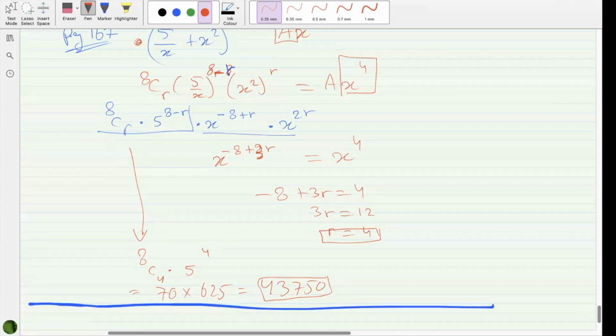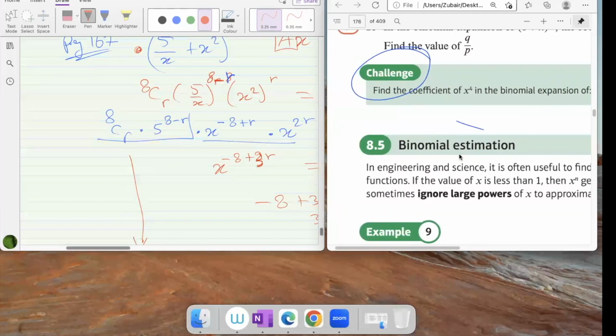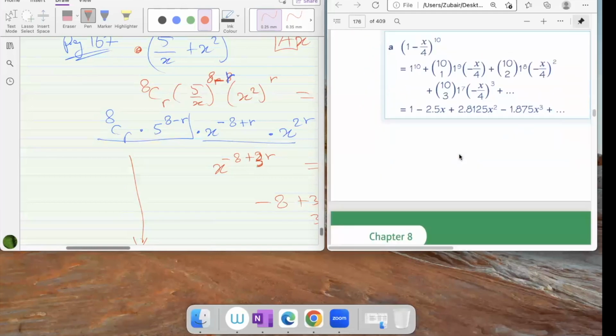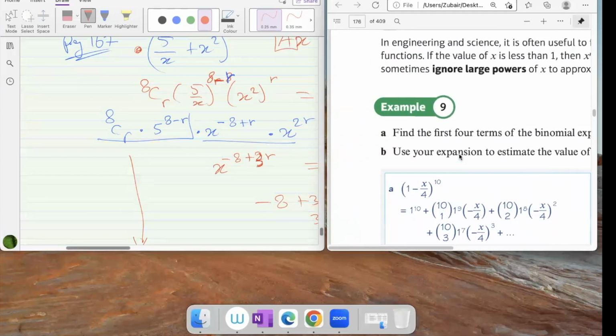Wait, which question is it again, sir, that we just solved? This was the challenge part. This is not the exact question. Oh, it is on page 167.